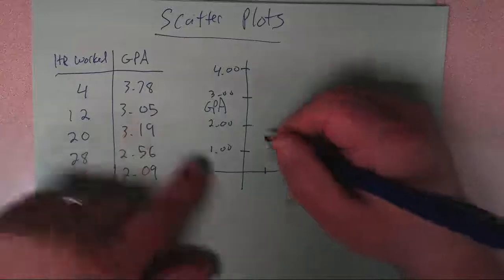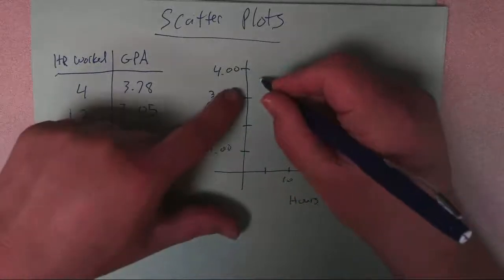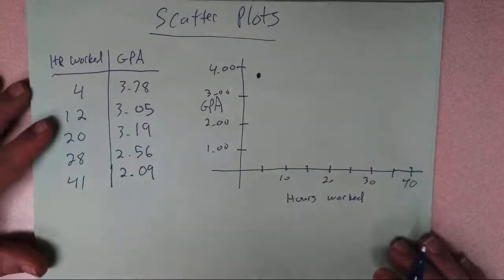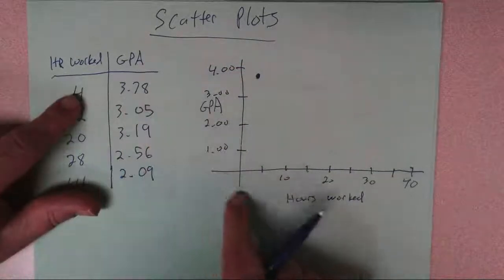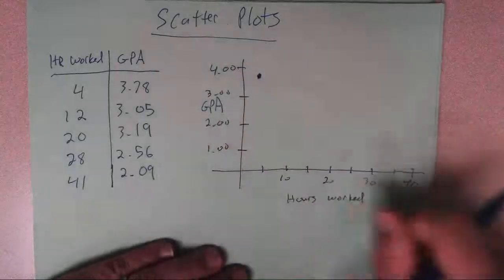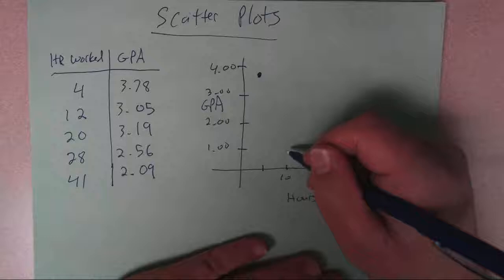So like 4, 3.78. So 4 would be right here. 3.78 for my y coordinate would be up here. And you would put a point. In other words, this is x, this is y, that's your x coordinate, y coordinate. So you go over to 4, up to 3.78 and put a point. Then 12, 3.05.